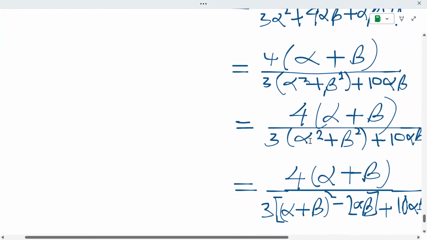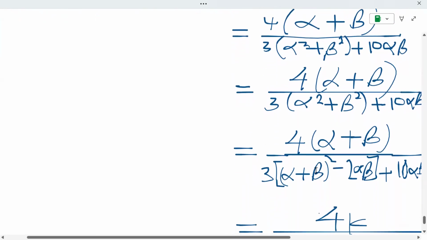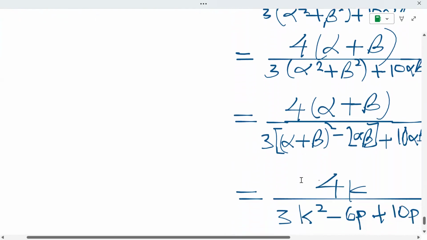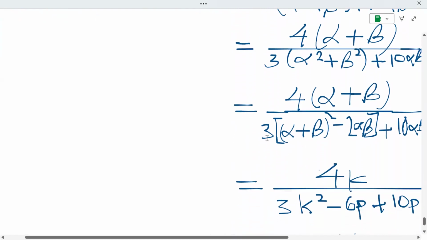So over here, we can try to expand this one and write it in terms of the sum of roots and the product of roots. And from the previously answered question, alpha squared plus beta squared will be written this way, times 3. Okay, from there, we see that alpha plus beta will give us k, so k squared.